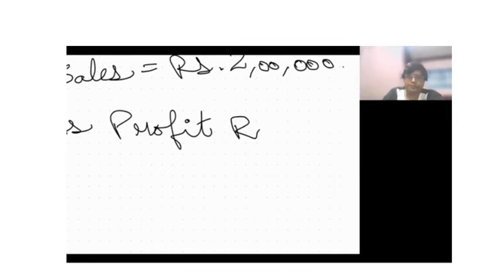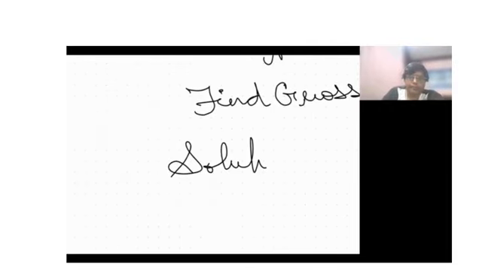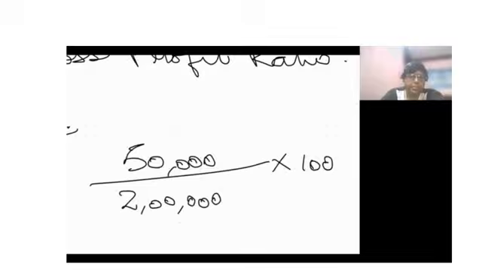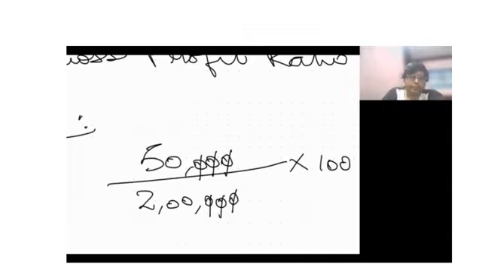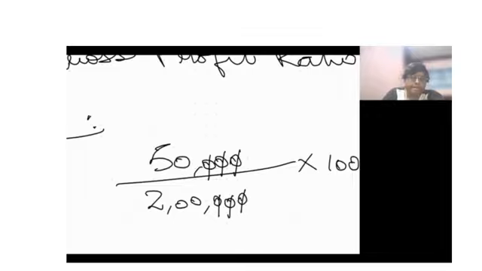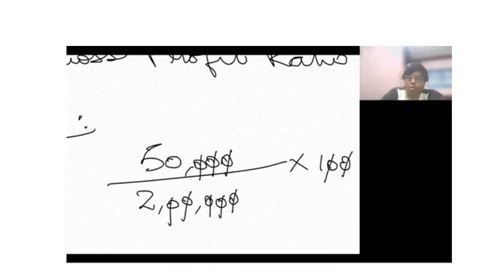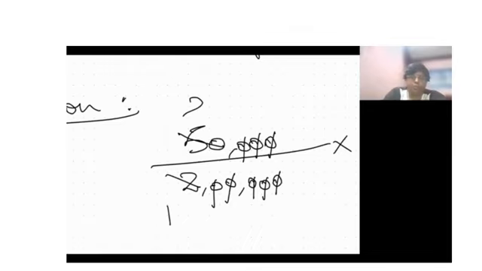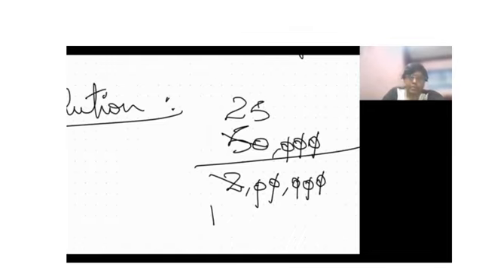Now, solution using this formula: it will be 50,000 divided by 2 lakhs, into 100. So it will be 25%.